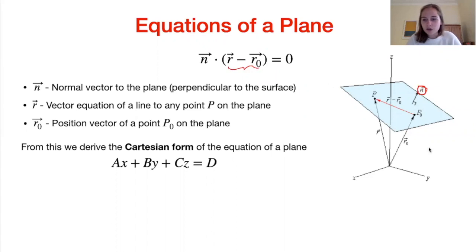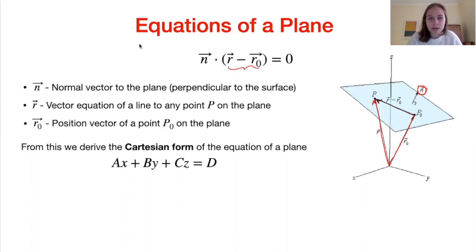Well, just as we've shown on the diagram right here, R minus R0, so what we'd be doing is following negative R0, so going in the opposite direction to R0, i.e. going from the point P0 to the origin, and then adding our vector R, which takes us to point P, so that overall R minus R0 takes us from P0 to our point on the line, which means that R minus R0 is a vector which lies on our plane.